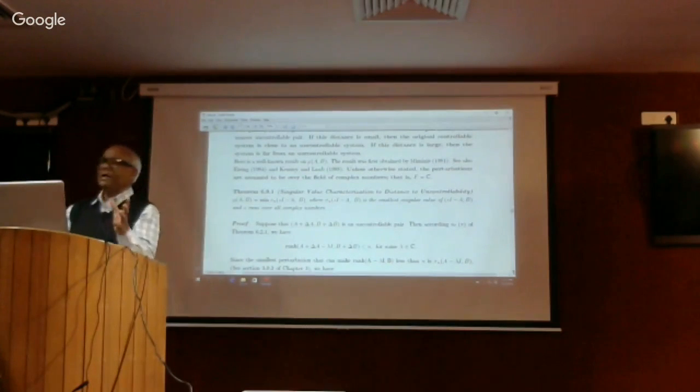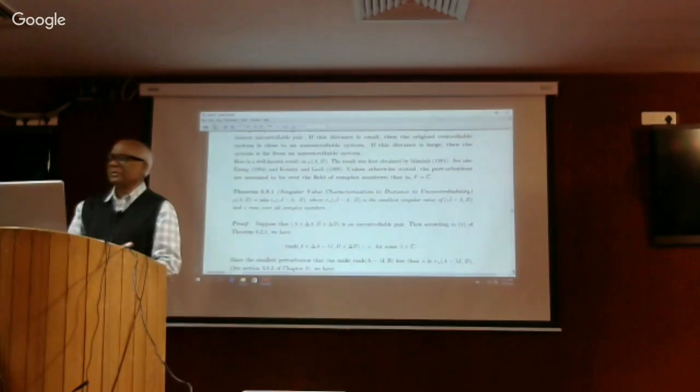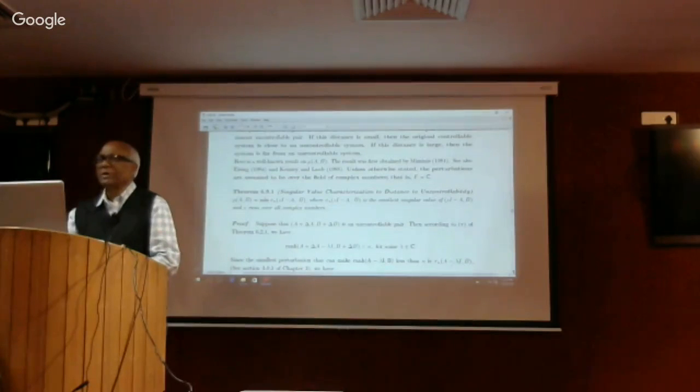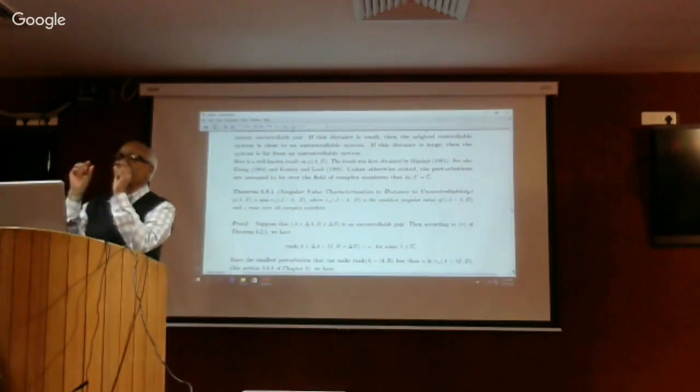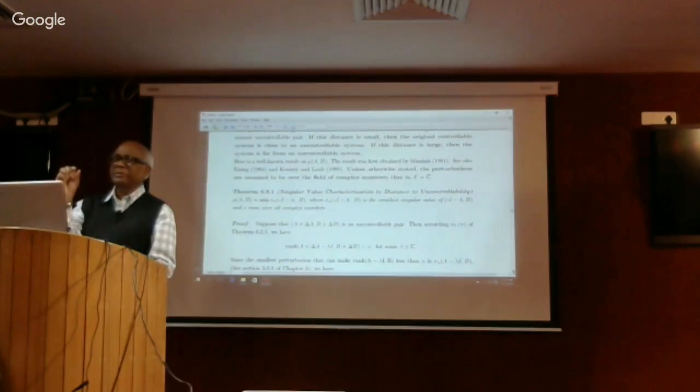Here we are working with a pair instead of one single matrix. So the characterization is the following: the distance to uncontrollability is defined as the minimum of the smallest singular value of the matrix [sI - A, B], where s runs over all complex numbers. So for each complex number s, you form the matrix [sI - A, B].